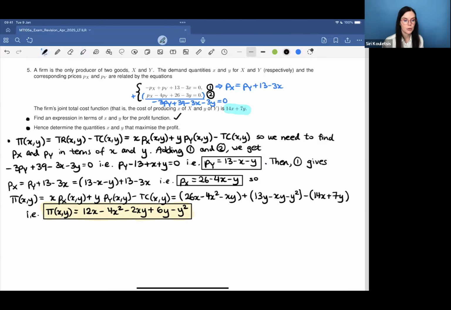And now we want to determine the quantities of x and y that maximize the profit. So have a little think about how you would start on that.